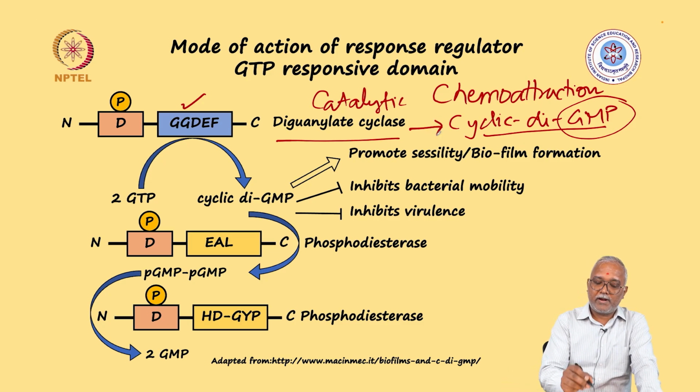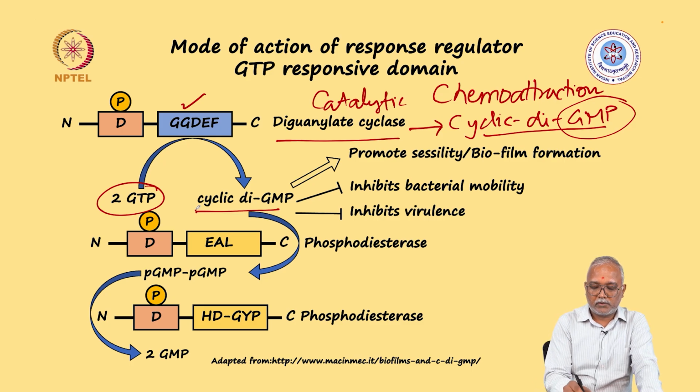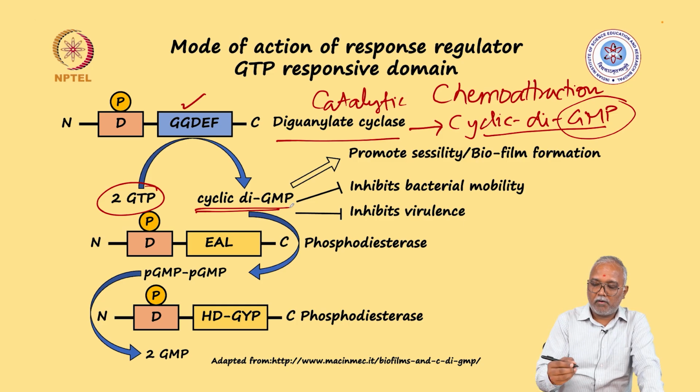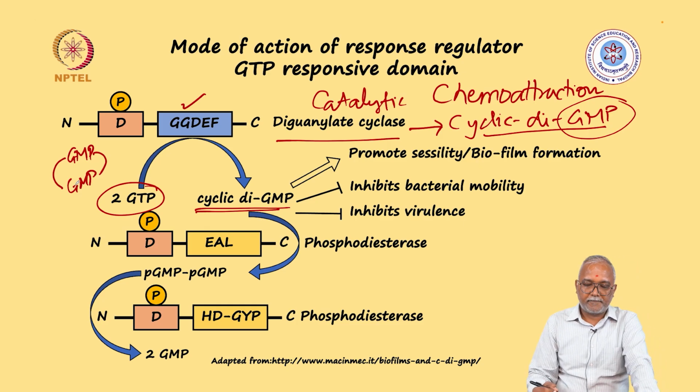So what this domain containing protein as a response regulator does is it utilizes two GTP molecules through the activity of this GGDEF motif containing domain, and converts them into cyclic di-GMP. If I can simply draw cyclic di-GMP, and if I write GMP and GMP, you will see that there are bonds which are formed between the two GMP molecules, which makes it cyclic di-GMP.